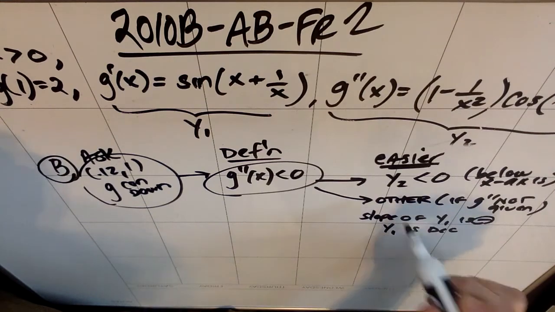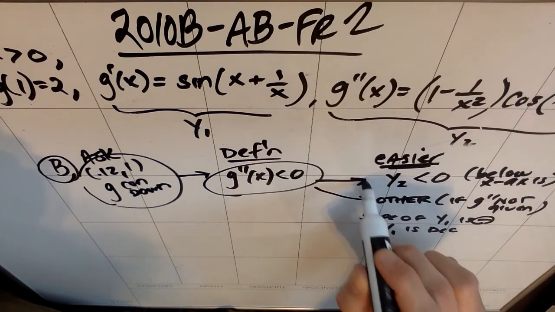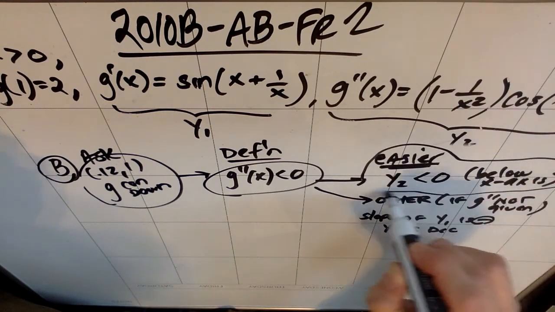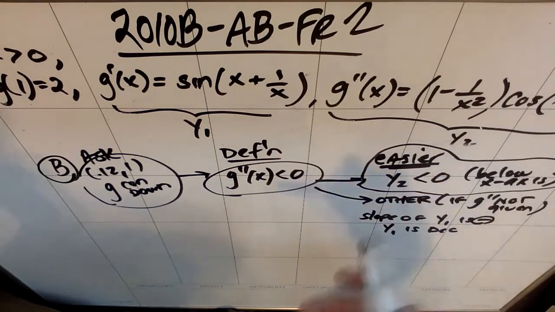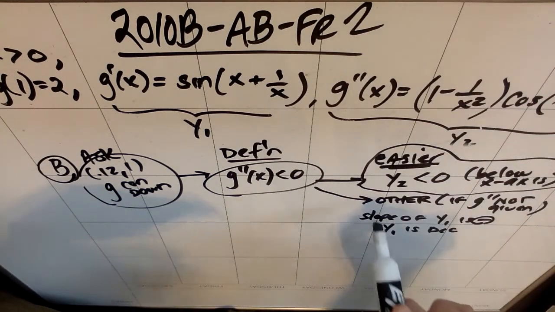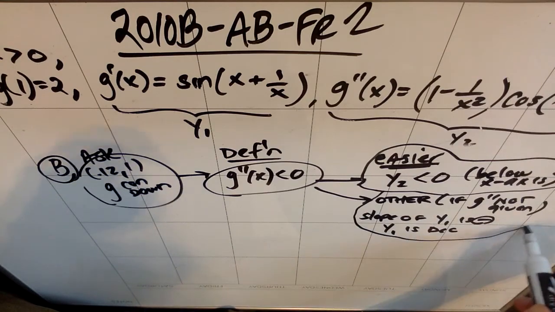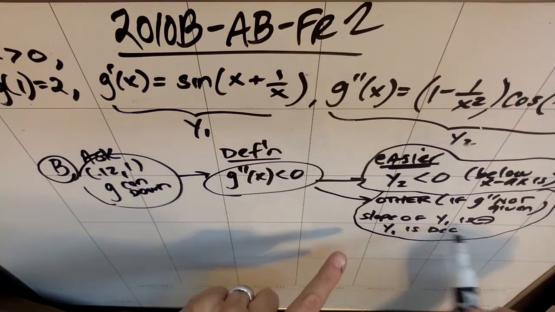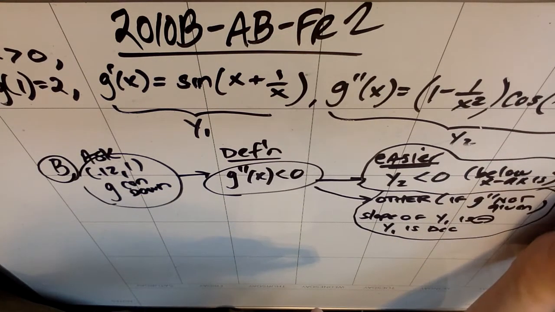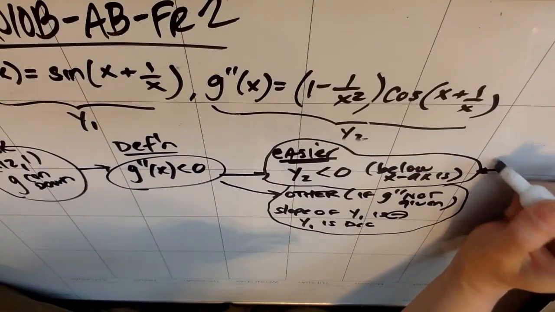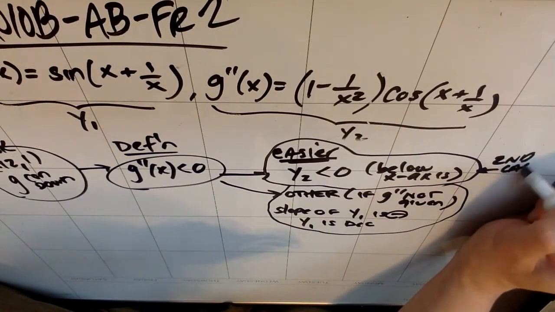So you could do this in one of two ways. You could either do the much easier option of putting your y2 in your calculator and second calc 0 and finding when it's below the axis, or you could do it using this other option of finding when y1 is decreasing. Now the easier one involves using second calc 0, right?